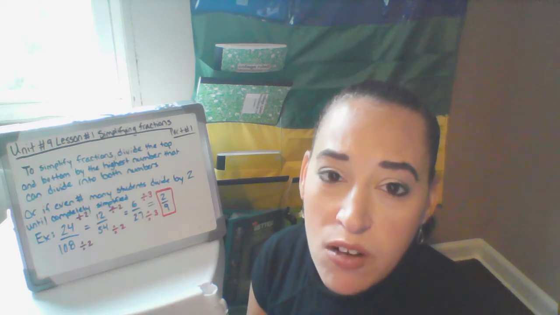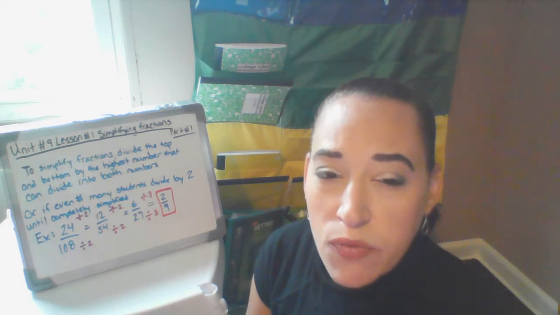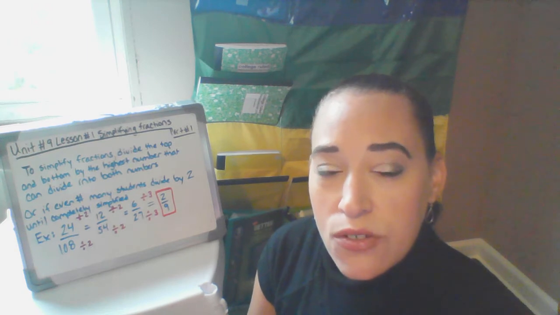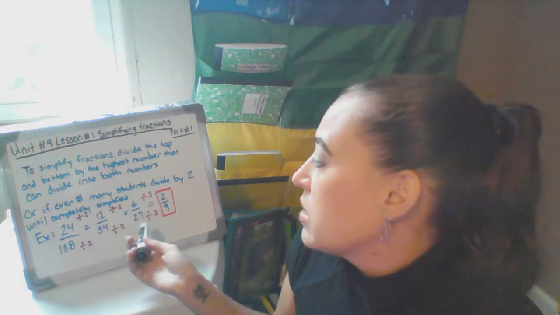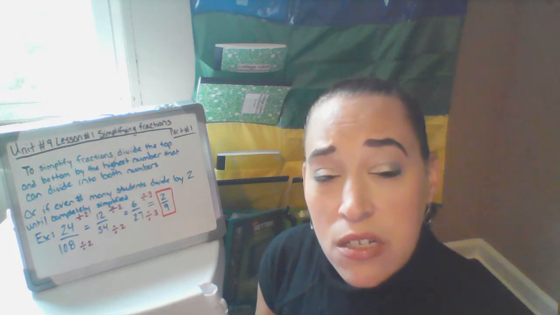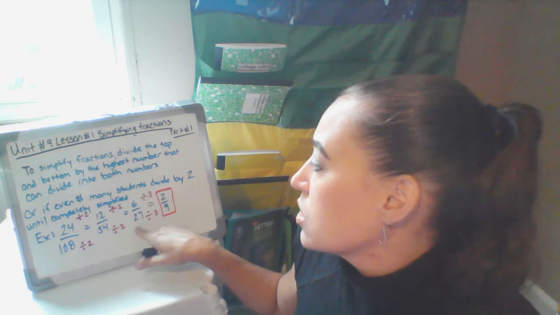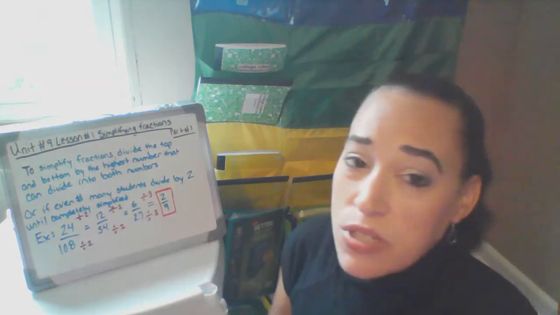Again, I'm relying on my divisibility rules to figure out, is that in most simplified form? And again, the answer is no. How do I know that? Because 7 plus 2 is 9, and 9 is divisible by 3. So I know 3 goes into 27, and I know 3 goes into 6.